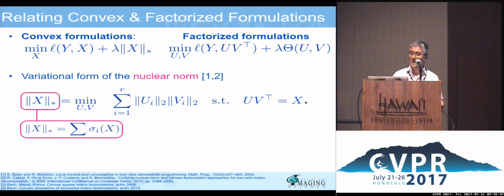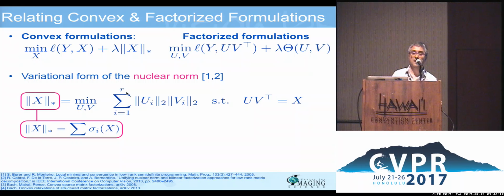What would I do? You give me X, and I tell you, find any factorization of X as UV transpose. There could be many of them. I'm allowing the number of columns of U to be variable here. Among all possible factorizations, pick the one that minimizes this quantity. What is this quantity? It is the sum from 1 to R.